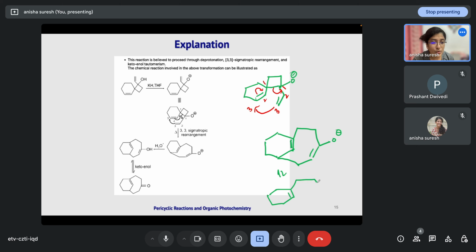this system. Okay, so this will be the final product that is forming a six-membered ring that is bridged with an 8-membered ring.